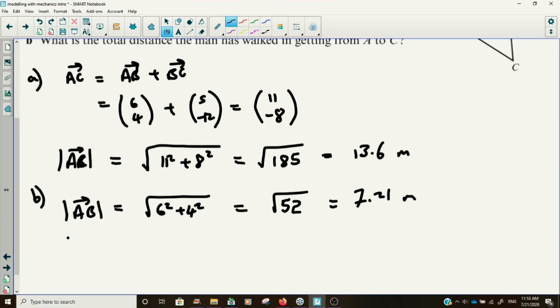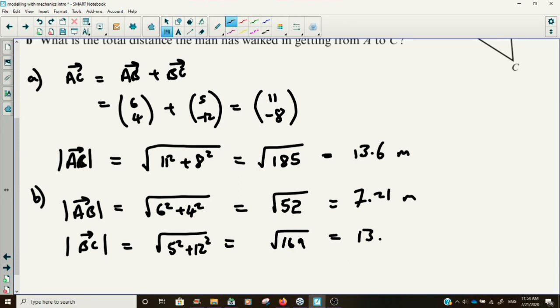Okay, same thing for BC. How far is it from B to C? So we're going to pop in 5 and 12, which is the square root of 169, which is exactly 13.